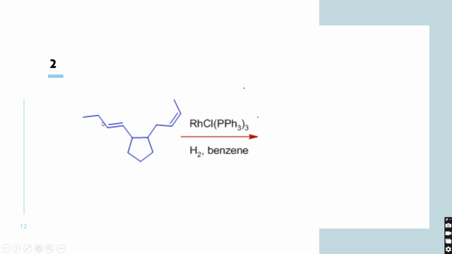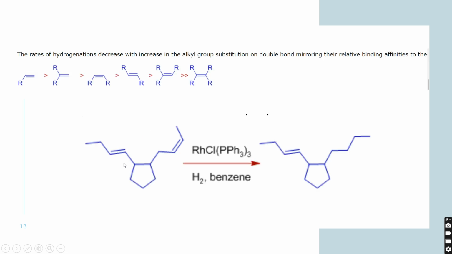Okay, one is trans in fashion and the other is cis in fashion. So if we have only one equivalent of the rhodium complex, either this cis one or this trans one will get reduced. Okay, we will see how the selectivity comes when we have to carry out this reduction reaction.